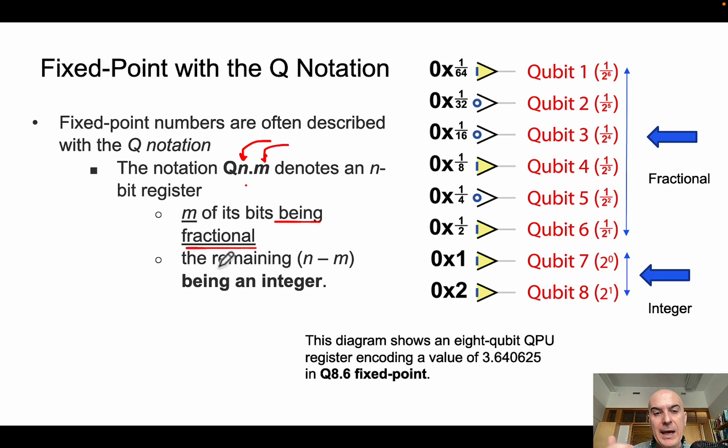The remaining n minus m is the number of qubits that we dedicate to represent the integer part. So n is the total, m is the number of qubits we dedicate to express the fractional part, and n minus m is the number of qubits we dedicate to express the integer part.